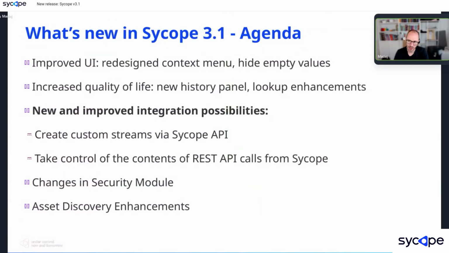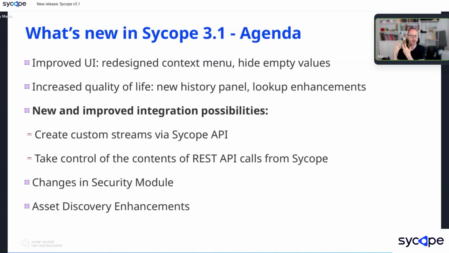To make the integration easier and complete, we introduce either new mechanisms or improved current mechanisms to make the bi-directional communication easier. On one hand, you can now create custom streams, so custom tables in Sycope, and inject data to Sycope from any other system.